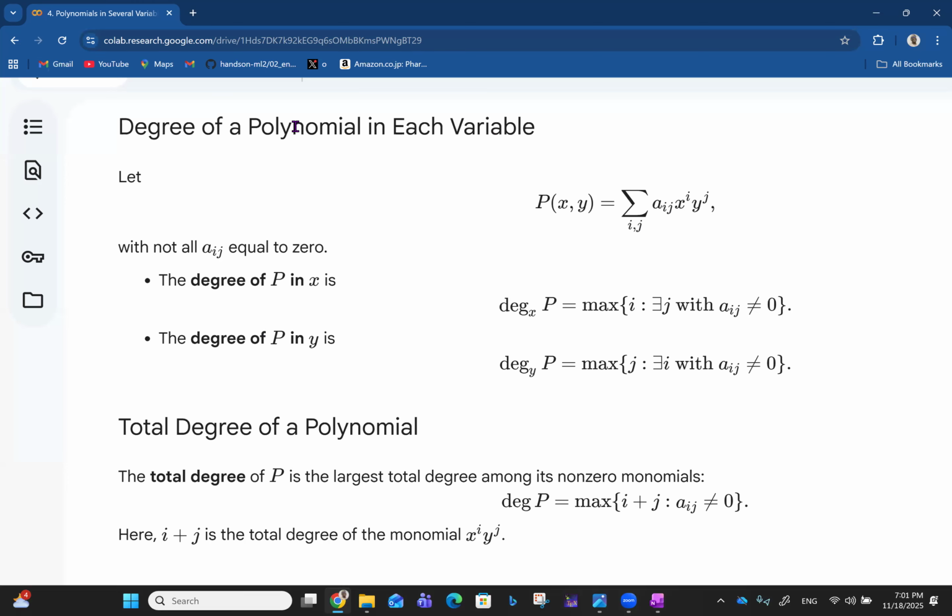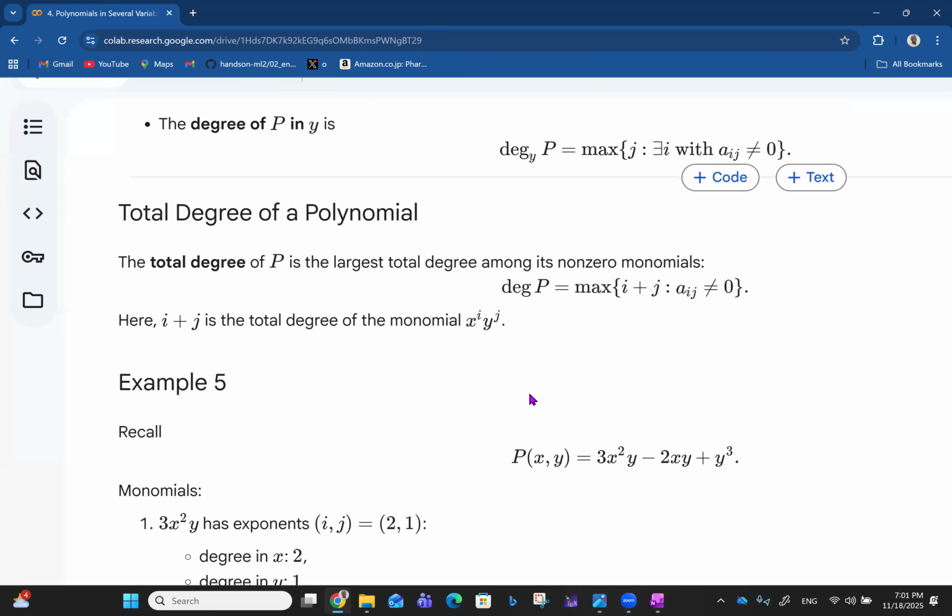The degree of the polynomial in x is the maximum value of i such that a_ij is not 0. Then the degree of p in y is the maximum j such that a_ij is not equal to 0.